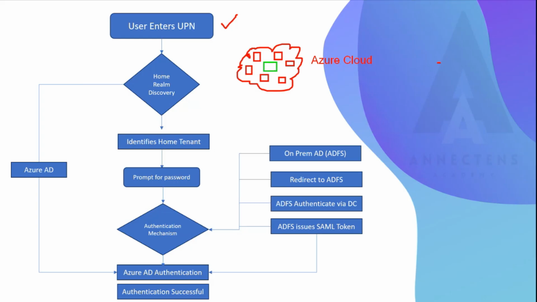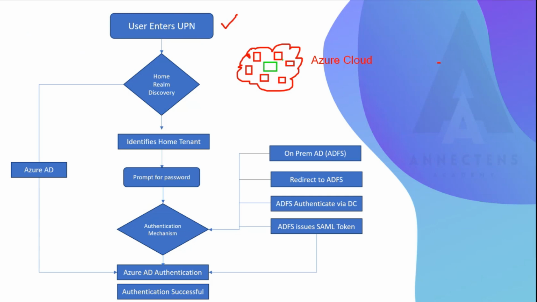The green one. So what realm discovery does is, as soon as the user enters the UPN, his user principal name, Azure initiates a home realm discovery, which is called HRD. This identifies this specific user.